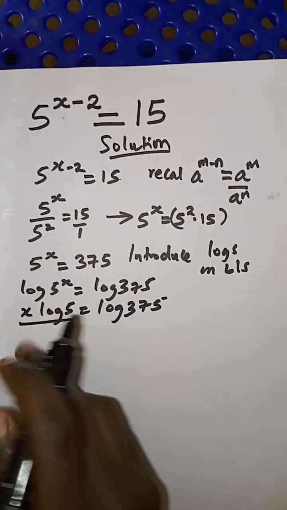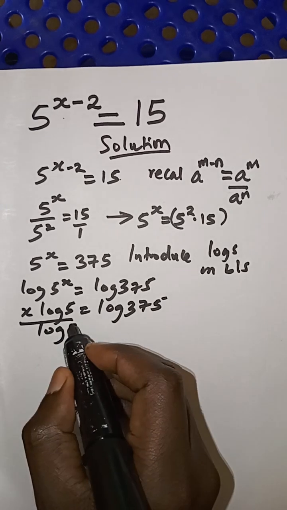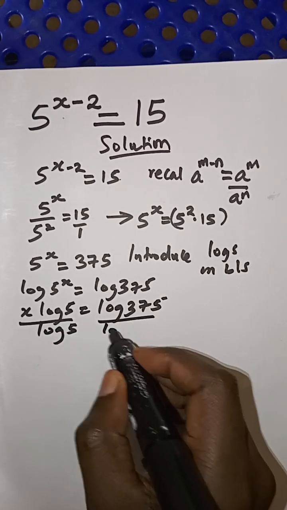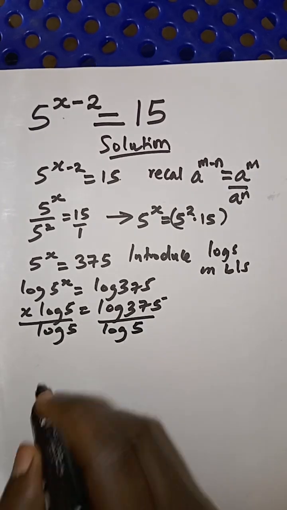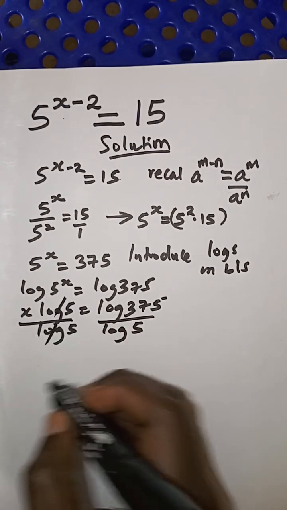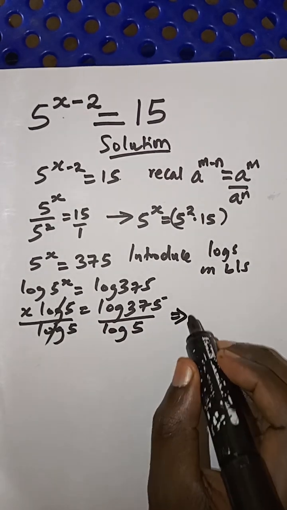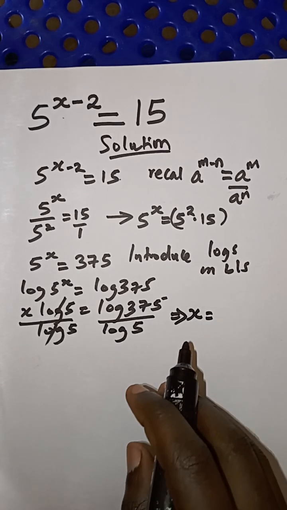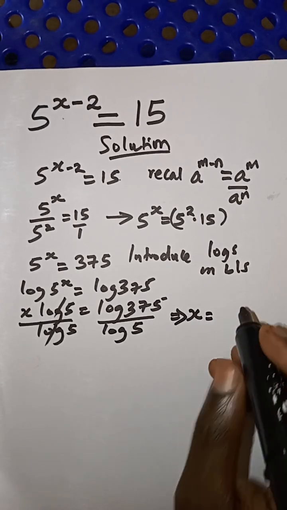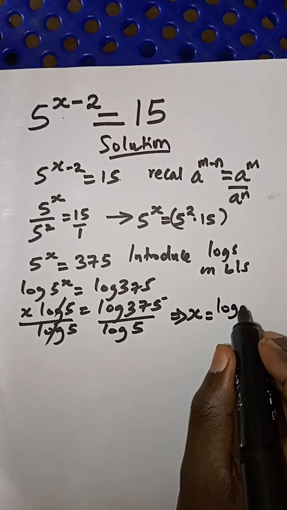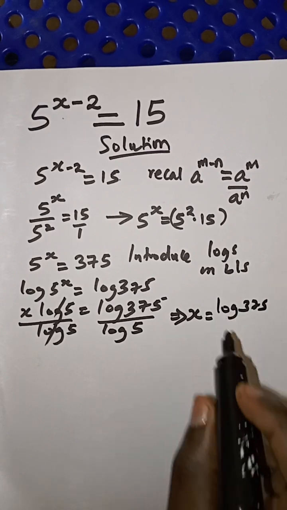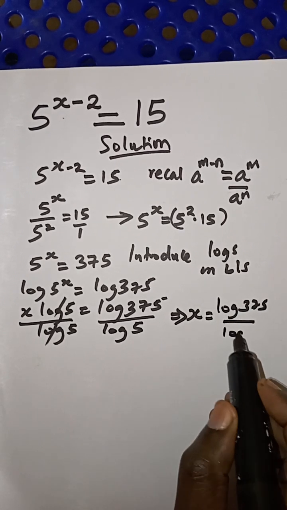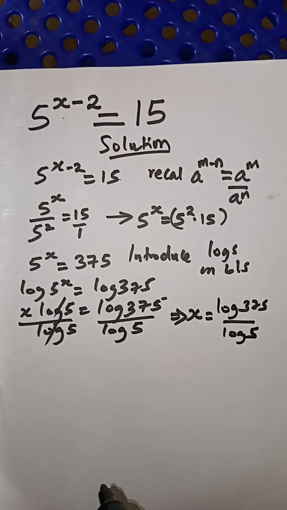Dividing so that I remain with x, I'm going to divide all through by the log of 5. Cancelling, it implies that x equals the log of 375 divided by the log of 5.